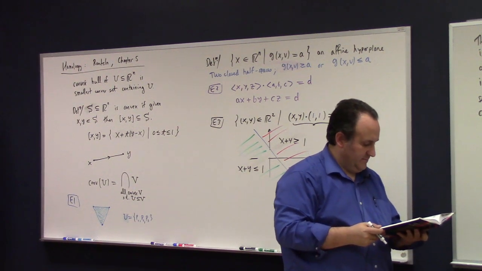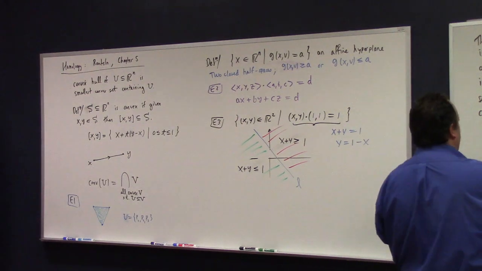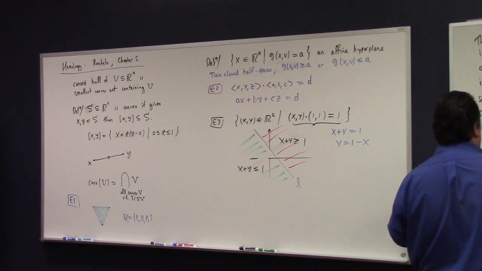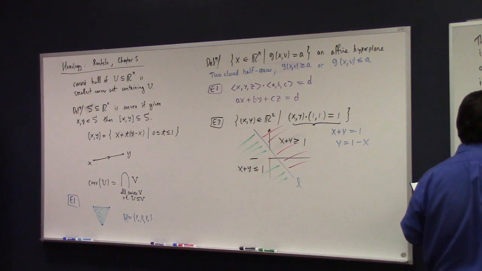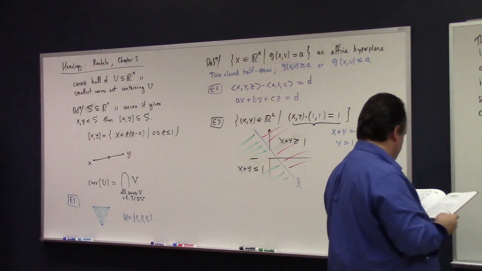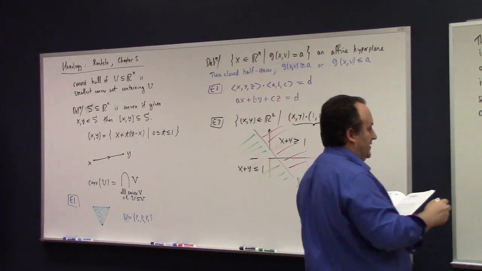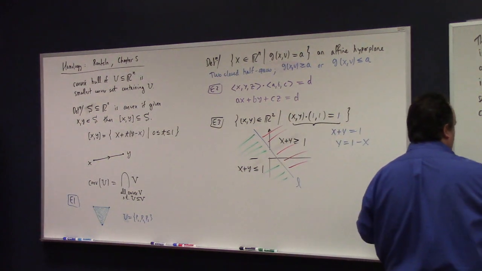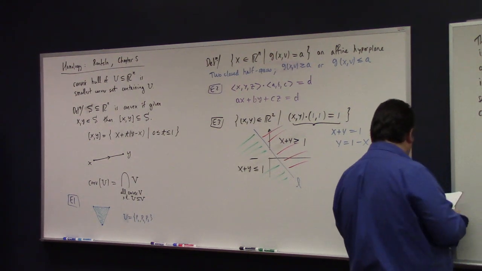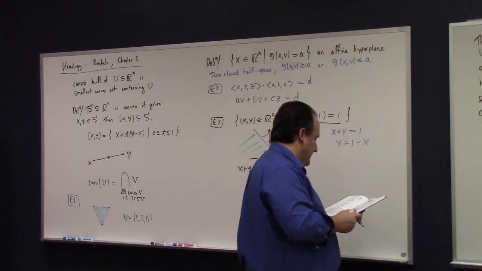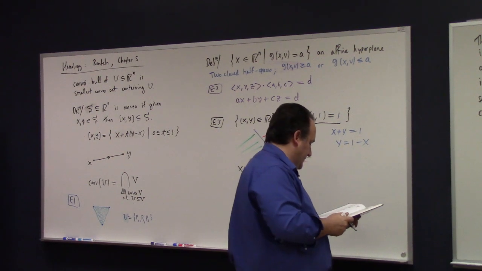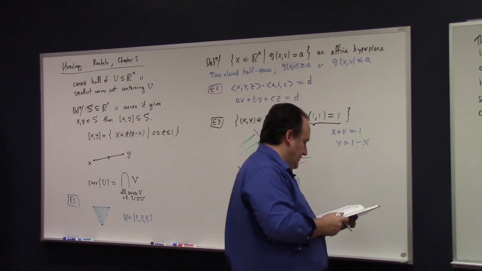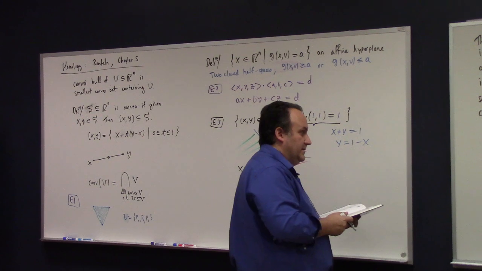He says any set F formed by the intersection of the polytope with the half space is called a face of P. So some examples of polytopes are given in figure 5.3.